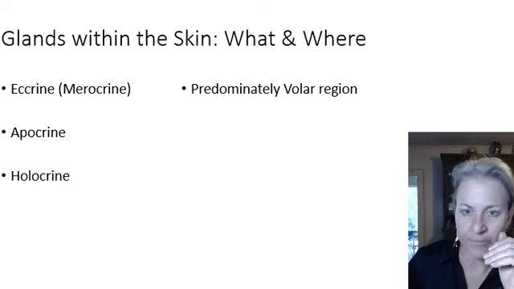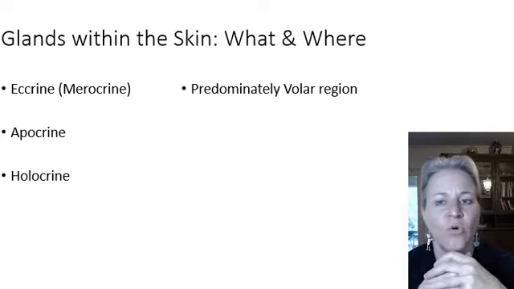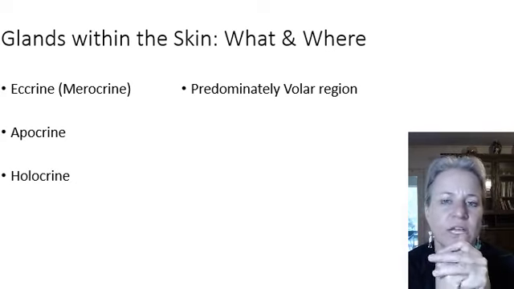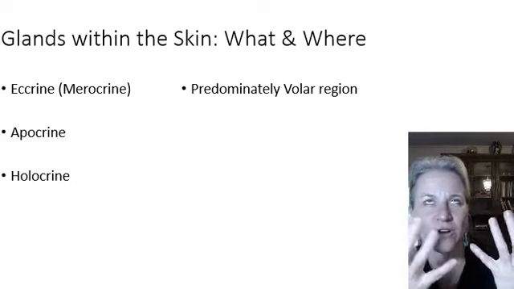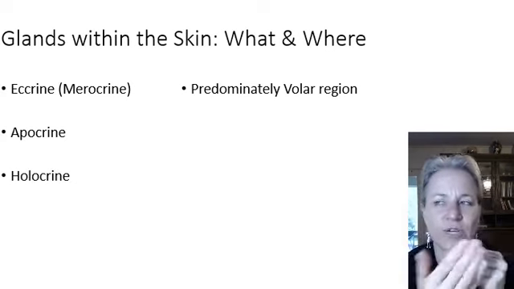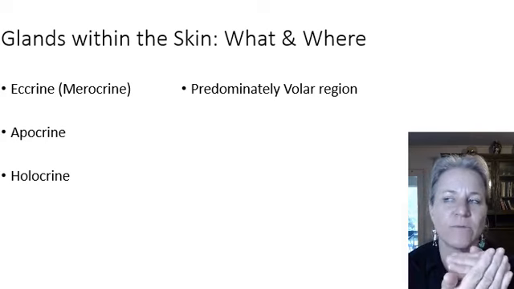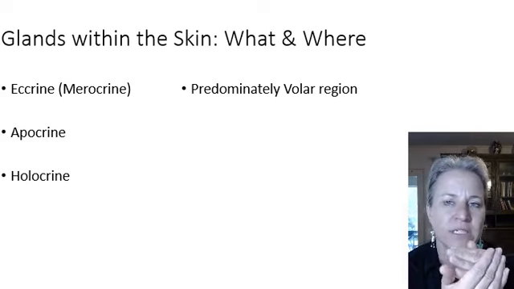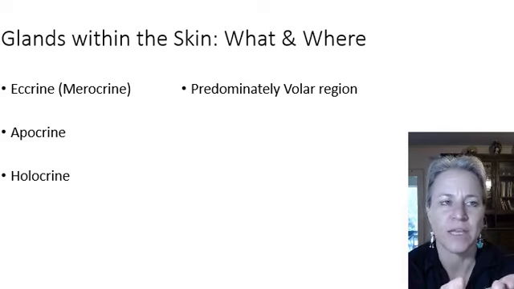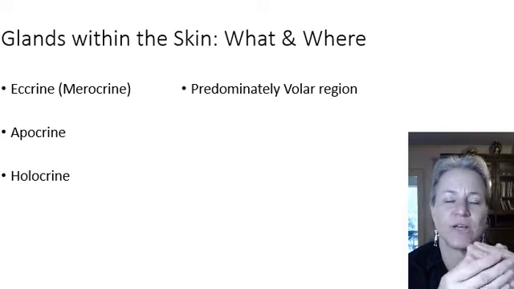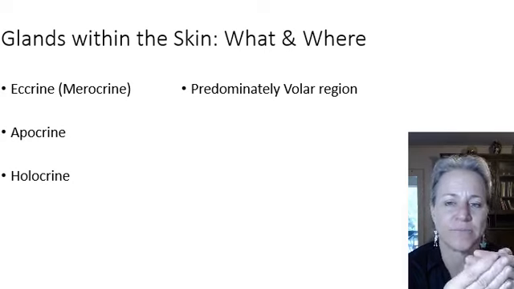Okay, the holocrine. What does it secrete? Well, the way it secretes, it fills with oil and explodes. So what it secretes is oil, which the term for oil is sebum. So it secretes sebum, and this is why it's referred to as sebaceous gland.